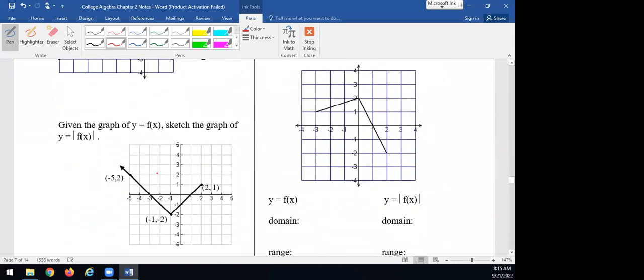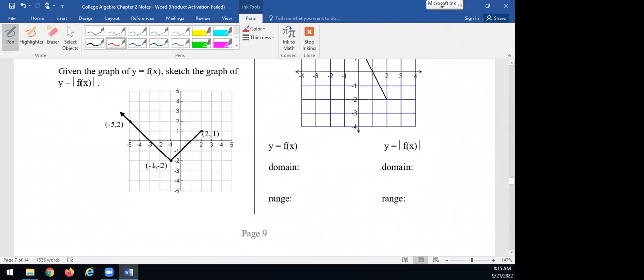All right, next example. Let's look at this one. So we're given f of x, and we are asked to find the absolute value. So here again, we're going to do the same thing. So will this point here change? Because y is already positive, good. What about this point right here? Will it change? No, that doesn't change.